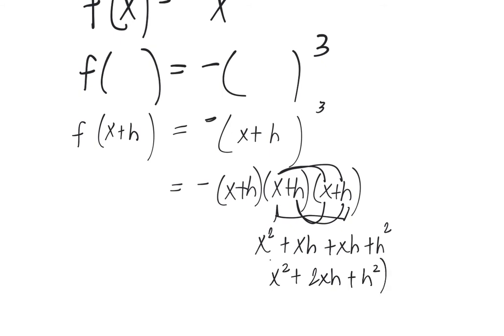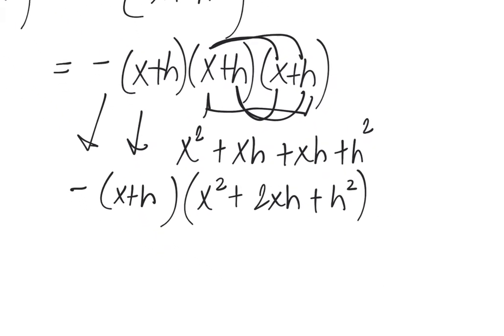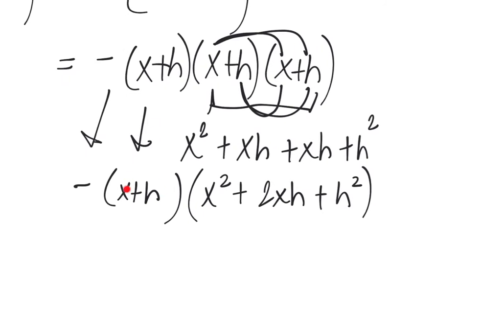And then you have your negative and your x plus h still. Okay, well now let's worry about distributing the x plus h to the trinomial behind it. So I'm going to say x times x squared and x times 2xh and x times h squared to get x cubed plus 2x squared h plus xh squared.